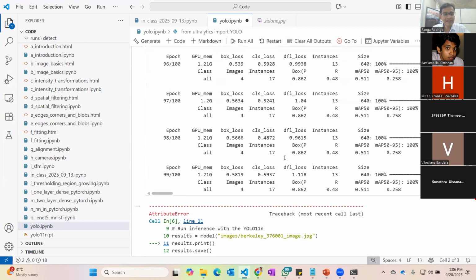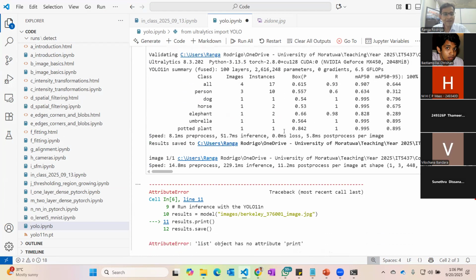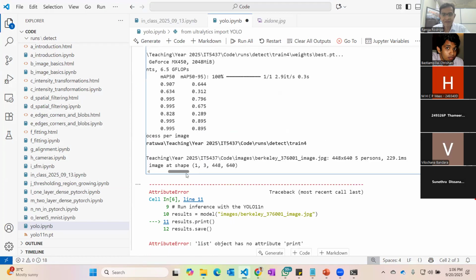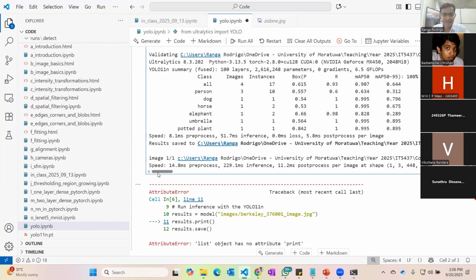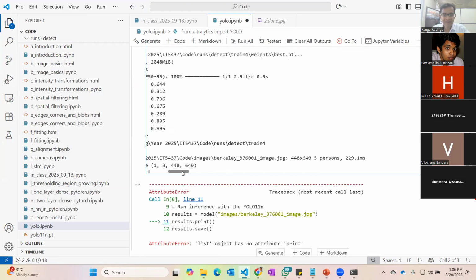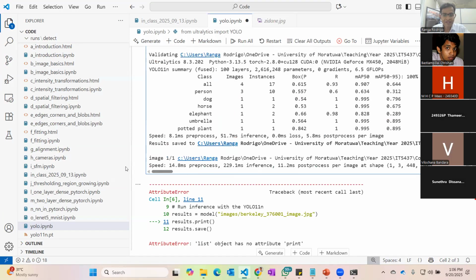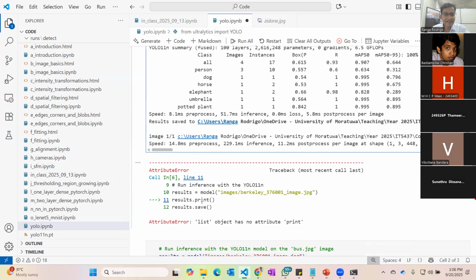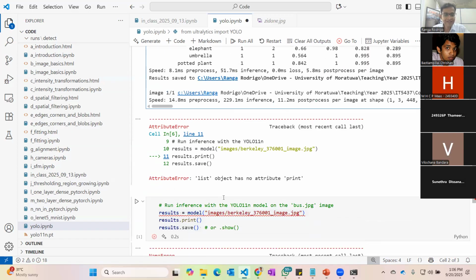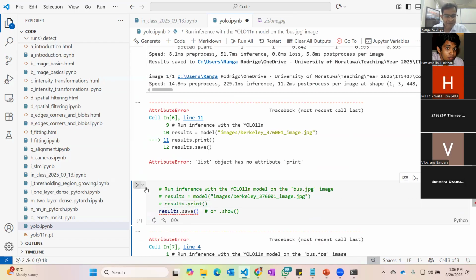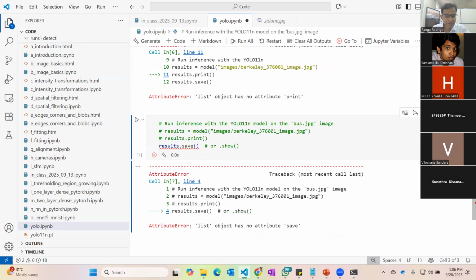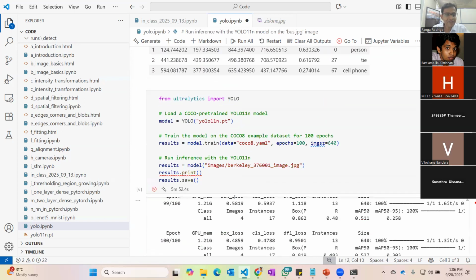Some mistake may have happened. So it has identified 5 persons. Printing didn't work, so let's see whether we can save it.